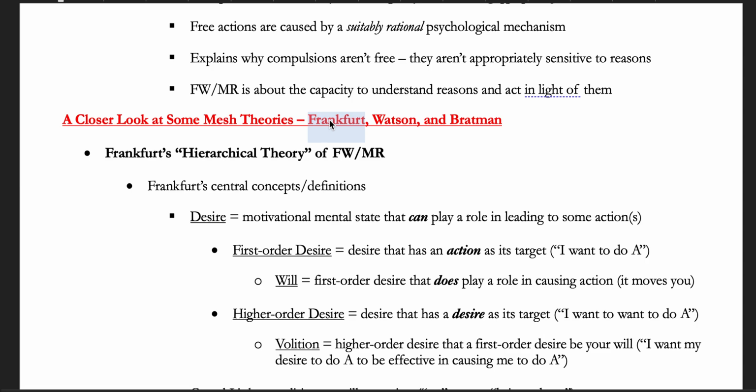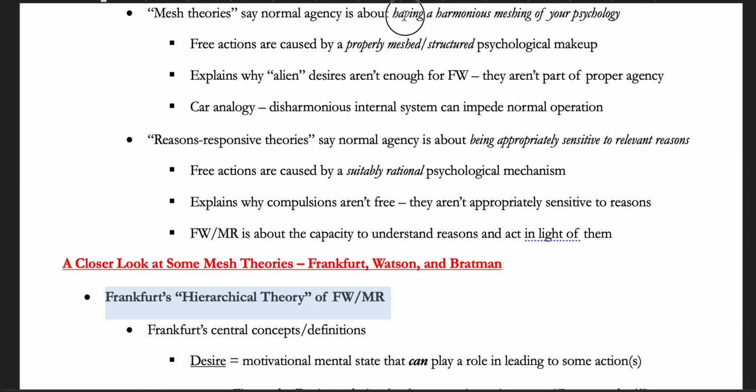And we saw last week anyways, those arguments for that, the Frankfurt cases, where you have this counterfactual intervener. We're not going to talk about that today much. I don't know, maybe not even at all, but that's the same Harry Frankfurt who, the reason he was able to deny that you need alternative possibilities is because the way in which he thinks we're free is only about your action being caused by the right kind of mesh.